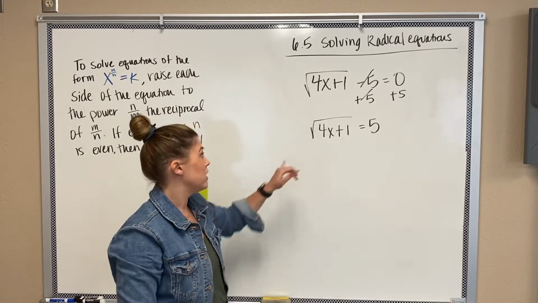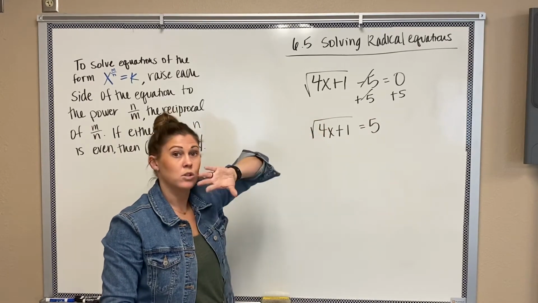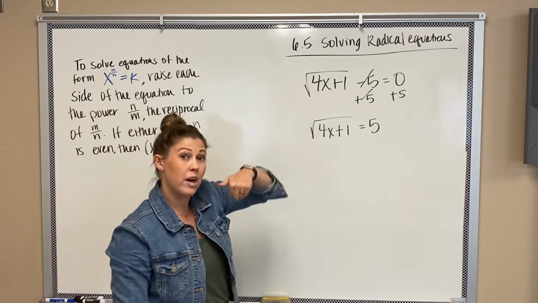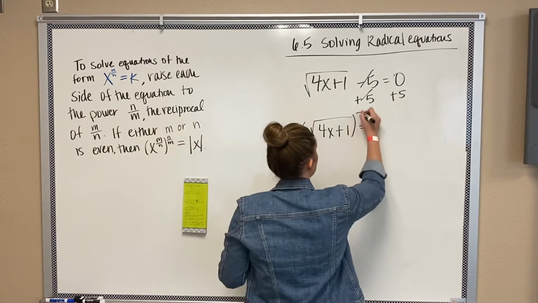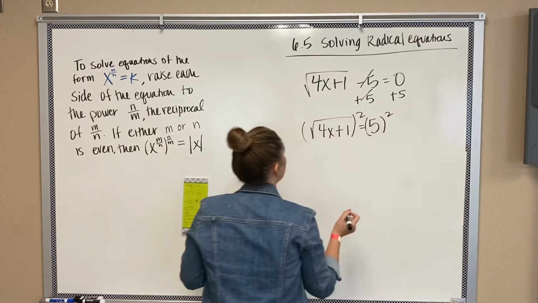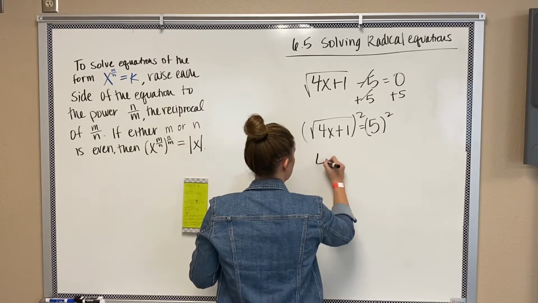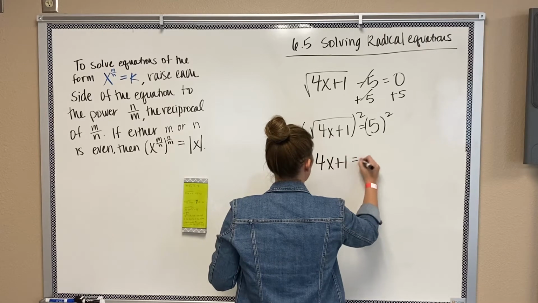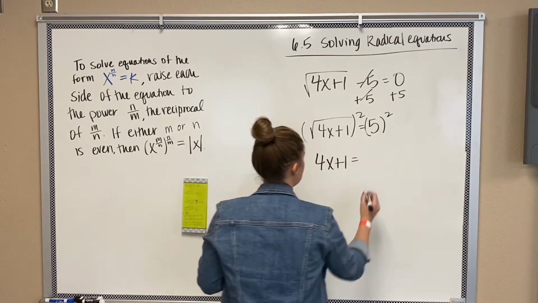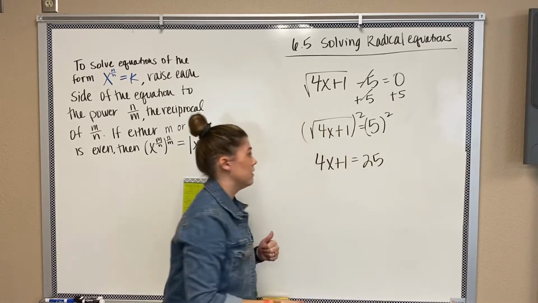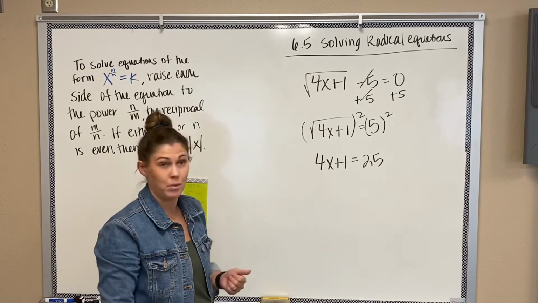We still want to undo this radical. The opposite of a square root would be a square, so we square both sides. The square root of 4x plus 1, squared, is just 4x plus 1, and that's equal to 5 squared, which is 25. Again, a simple equation.